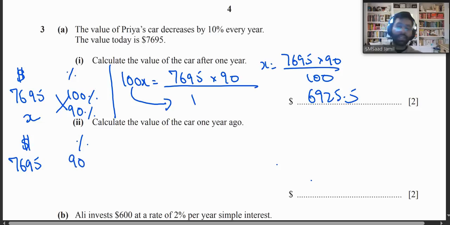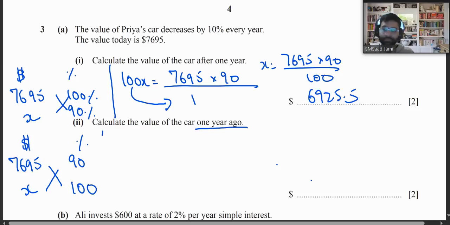Because we are in the second year, after the decrease the value of the car is 7695. Because the question says calculate the value of the car 1 year ago. 1 year ago, the percentage value of the car was 100. So write over here x and cross multiply.